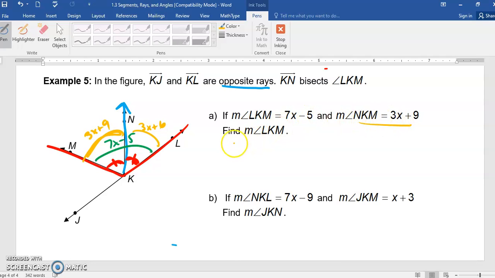So, two of those, add those together, 6x plus 18 would have to equal the 7x minus 5. Subtract 6x from both sides, and 23 equals x. Plug it back in to answer the question. 7 times 23, 140. 40, 161.